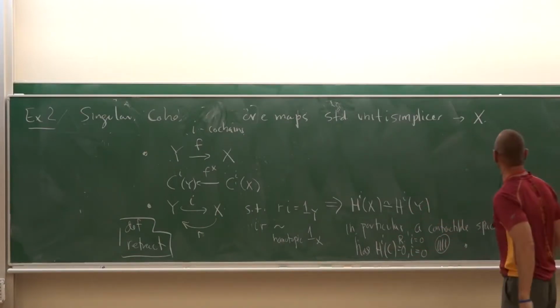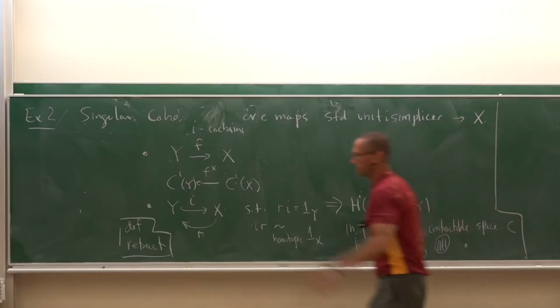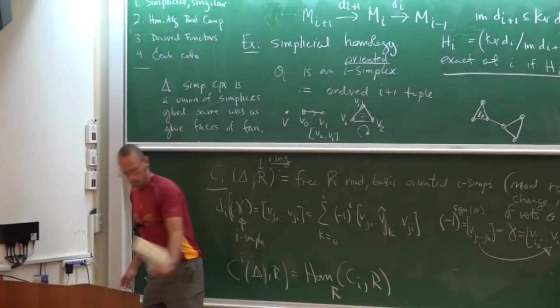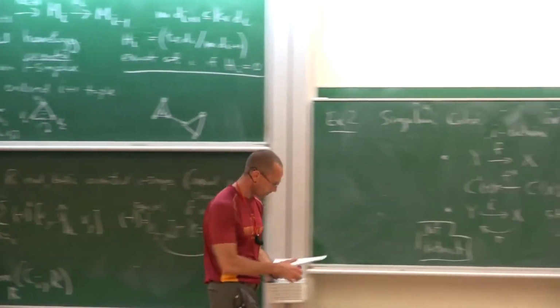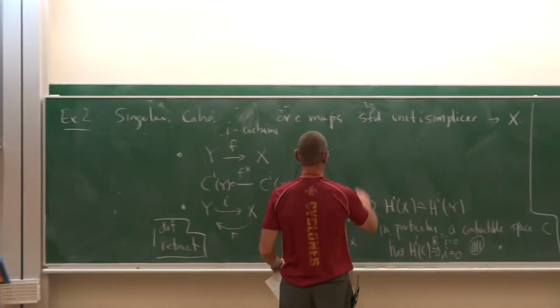So that's deformation retracts. What other properties do I want to mention about singular homology, singular cohomology? The other one is an example that we need.